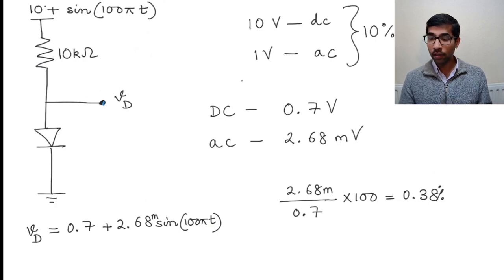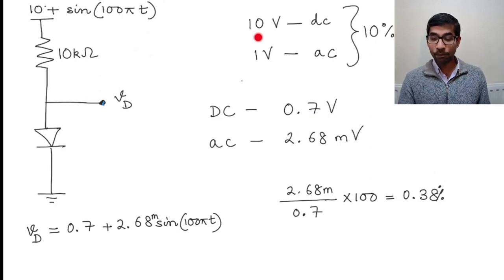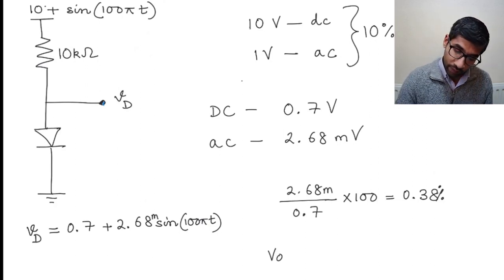So I make a voltage regulator like this and get an output here. Now I don't get 10 volts here, but I get 0.7 volts, and that 0.7 volts is much more stable as compared to these 10 volts, and that's called a voltage regulator. So let me write that here: voltage regulator.